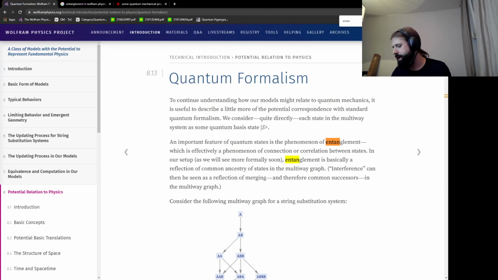Because that's also what I thought the density matrix actually tells you, the correlations between different pairs of states.